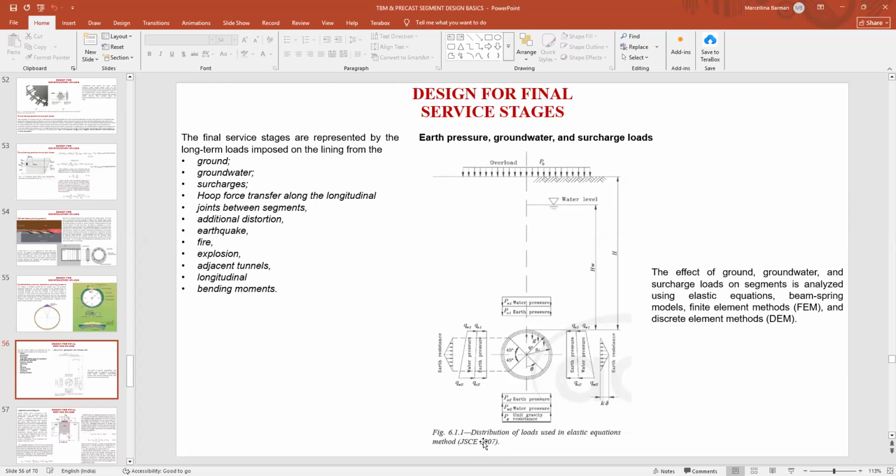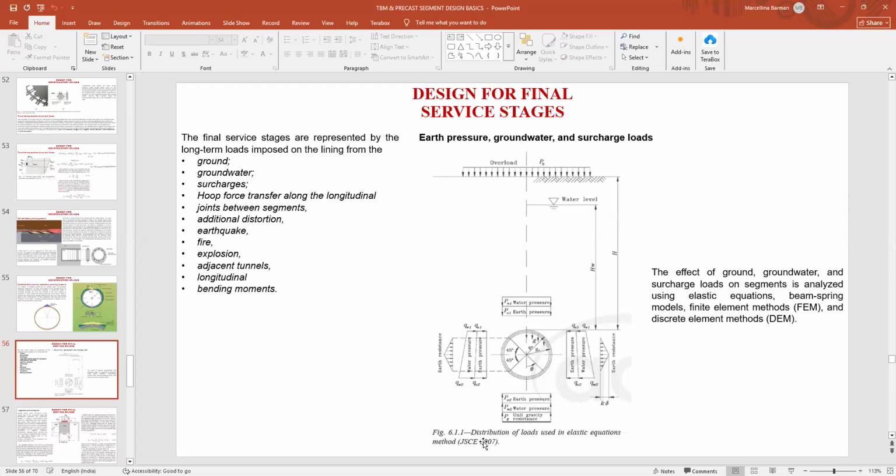Groundwater means your groundwater level. The groundwater can be above the tunnel crown, it can be at the spring line, it can be below the tunnel spring line, or it can be below the invert of the tunnel.